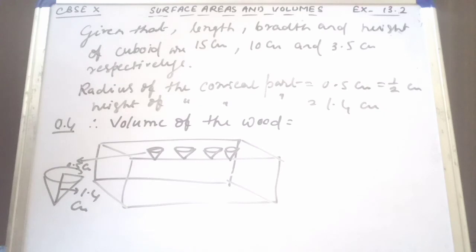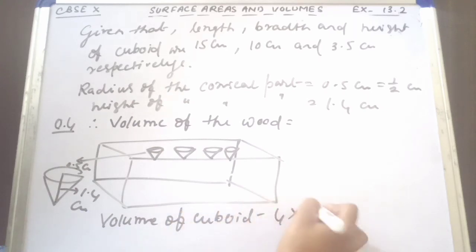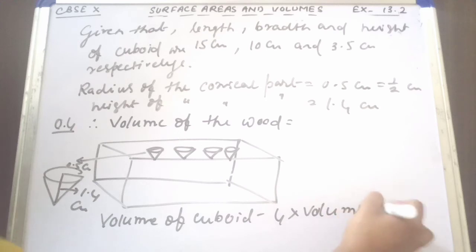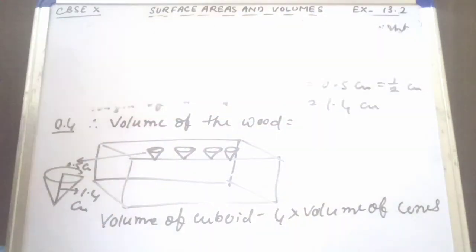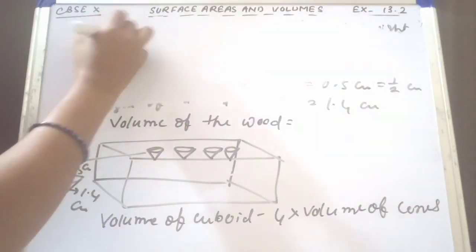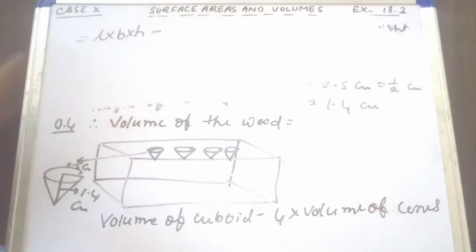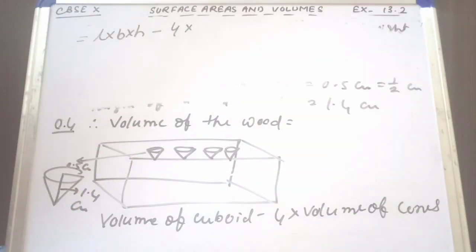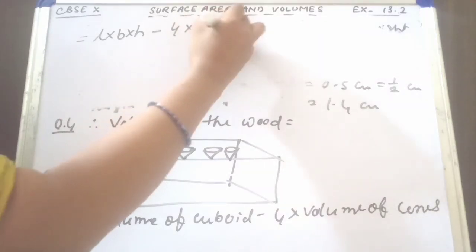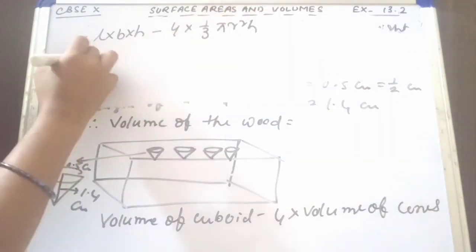So volume of cuboid minus 4 into volume of cones. Now volume of cuboid means L into B into H, minus 4 into volume of cones, that means 1/3 pi r square H. Now just put the value.